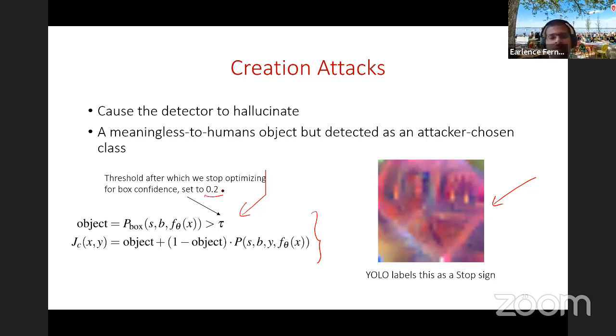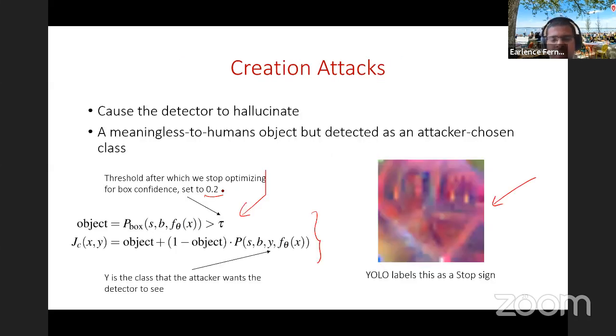This will at least get YOLO's attention as, hey, there is an object there, this is interesting, we should probably classify it. And then once we hit that threshold, we switch and start optimizing the presence of a specific class. In this case, I wanted a stop sign, so we say, now that there is an object, we need to make it look like a stop sign to this model. So this is the creation attack loss function.